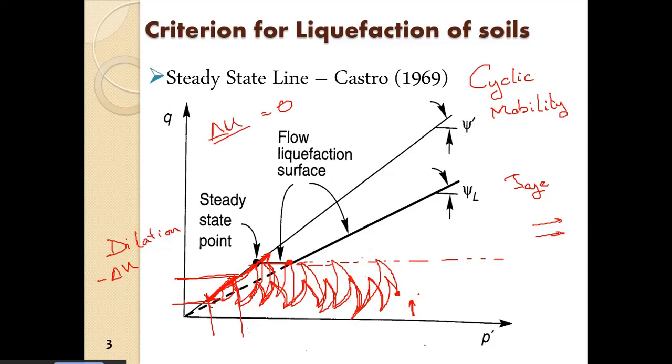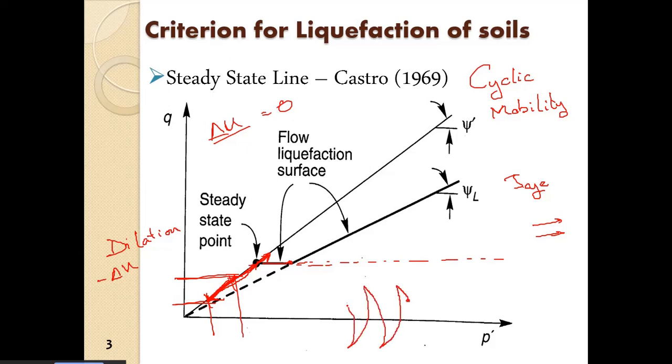Then again, if the shear stress is such that it changes direction in this manner, all right, there will be a huge amount of pore water pressure generation during the cyclic loading. So it will very quickly move to this state over here, and the failure line will be in this manner here, all right, and the stress state in the soil will now oscillate within this range over here.